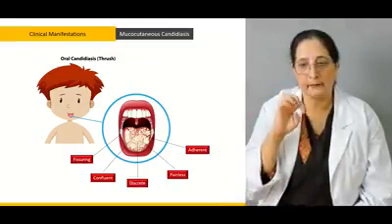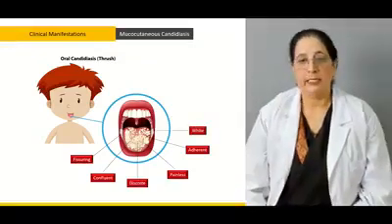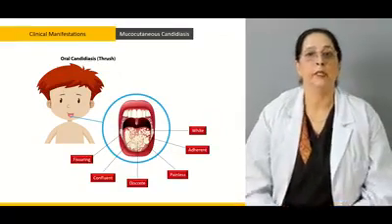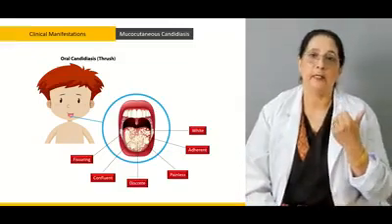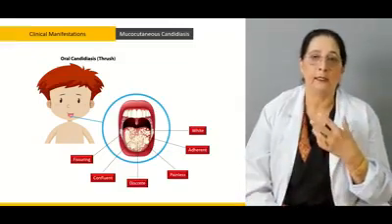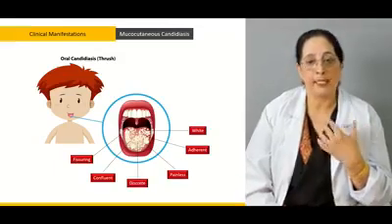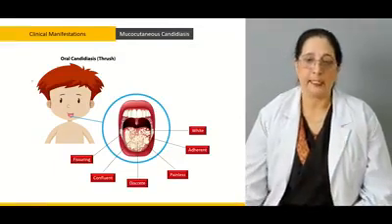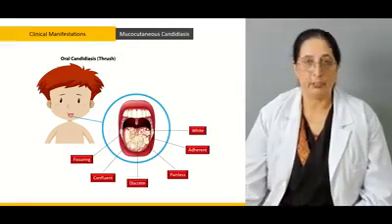It is white in color. So there is fissuring, it is white in color, it can be discrete or confluent, and it's painless. That's how oral thrush appears.